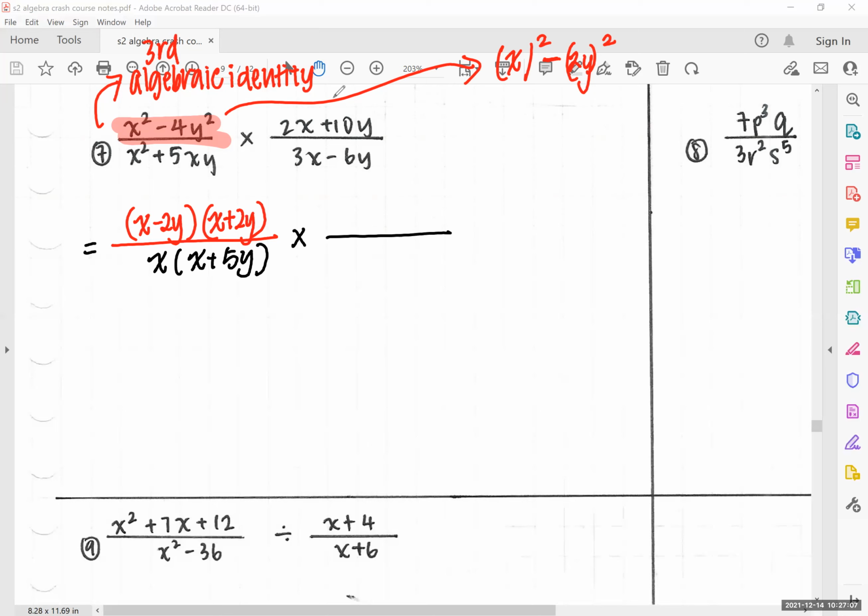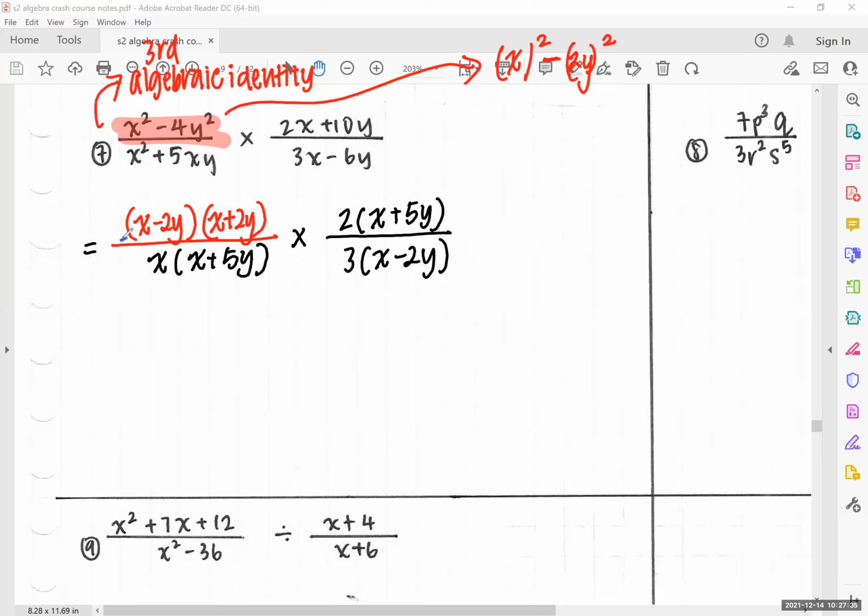Yes, what about the other one? Can I take out anything? 2. Take out 2, what am I left with? Then what about the bottom? 3x minus 2y. Now change pen. Then you see you can cancel. Guys, look here.